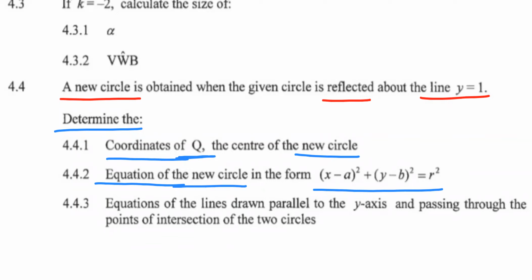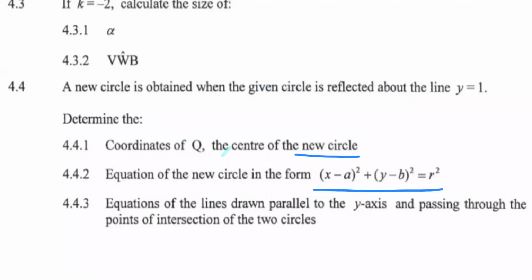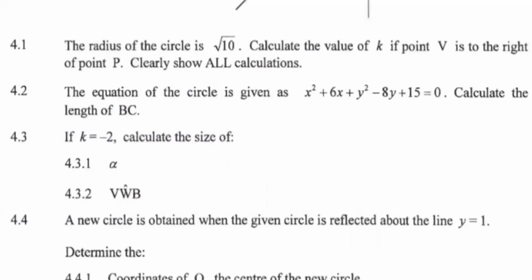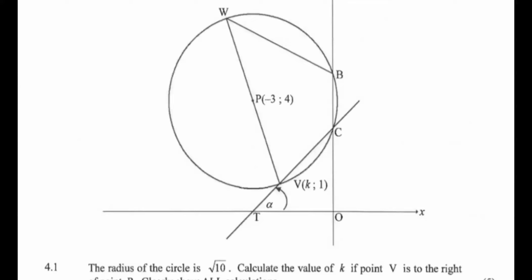Let's first find the center of the new circle, and then let's determine the equation of that circle. They say it's reflected in the line where y is equal to 1. That's where it's reflected, in the line y equal to 1. Okay, so what should this line look like?